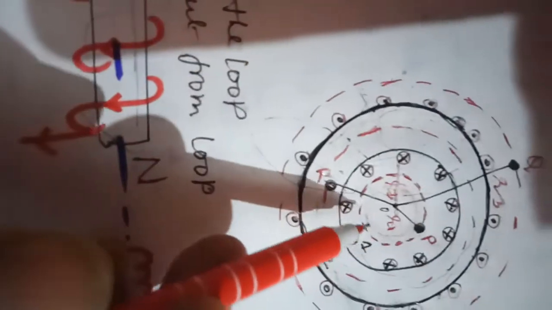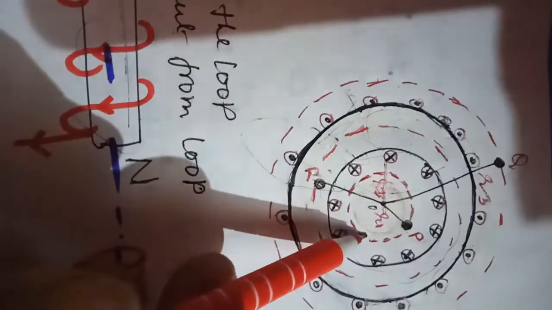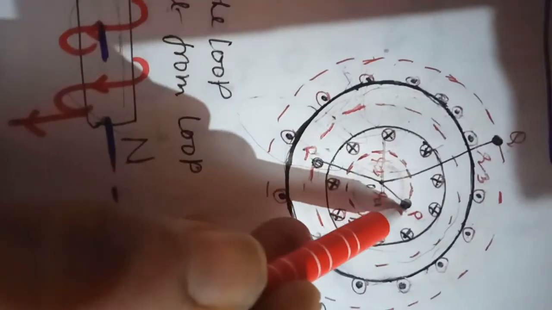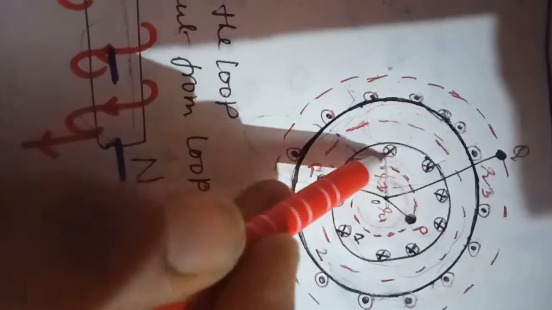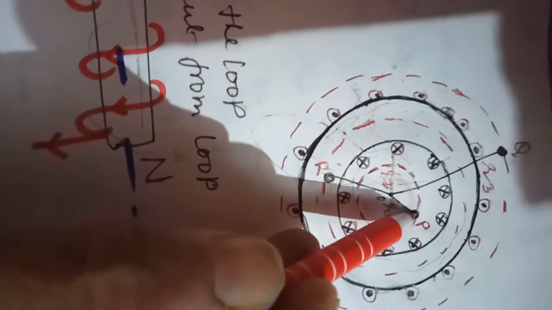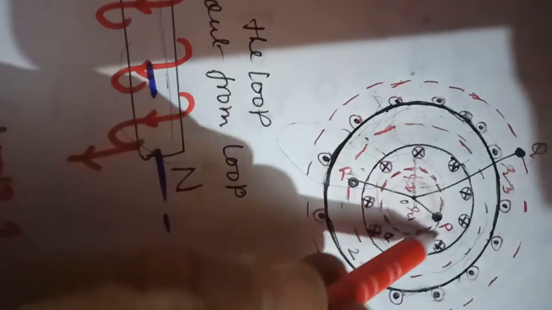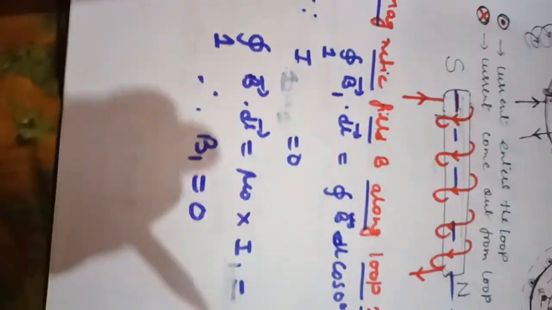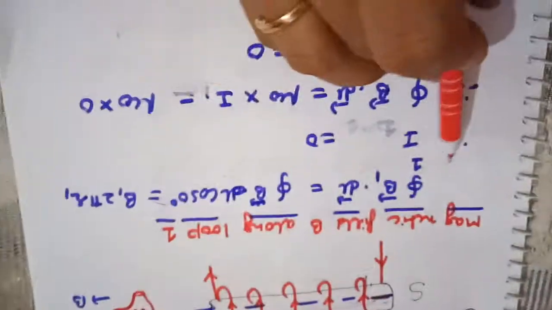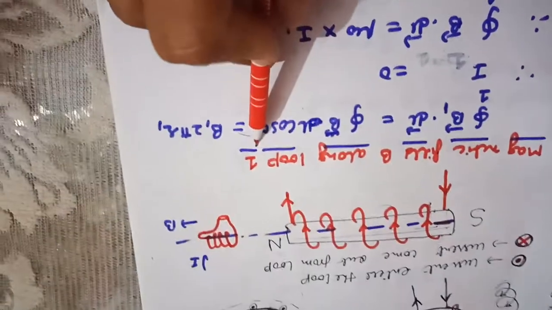Here I have drawn the inner circle, because I have taken this point P. So we will draw the Amperian loop. First of all, you will see what will be the magnetic field at the point P. This is the magnetic field B along the loop 1.